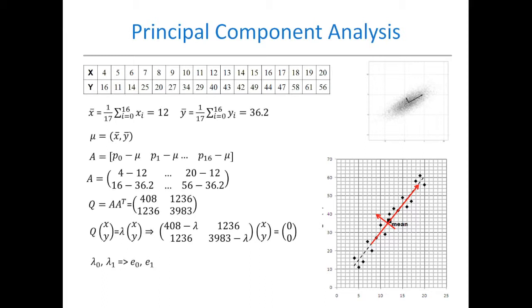Then I create what I call mu, this point, which is the mean. Then I subtract it from every point and create a new matrix, which will be 3 by n, or 3 by 17 in this case: p0 minus mu, p1 minus mu, till p16 minus mu. Let's create the matrix A.